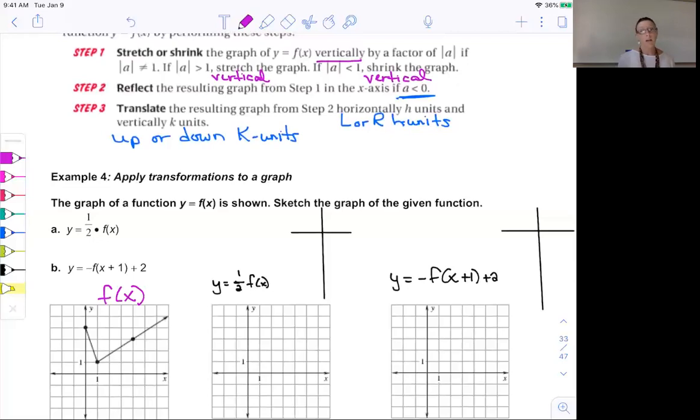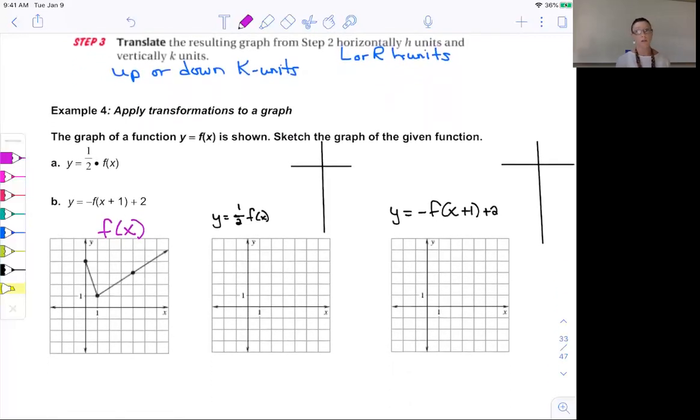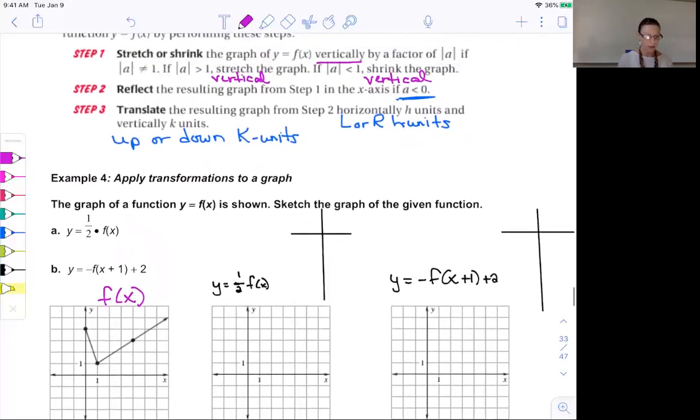Our goal is to sketch the graph of a new function based off of some type of transformation that's being done to the equation, or that's being done to the graph, since I don't really have an equation to work with. So letter A says we want to take 1/2 times f of x. So let's talk about what it means from up above.